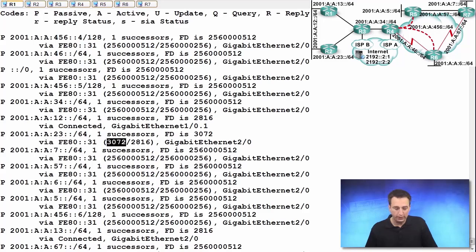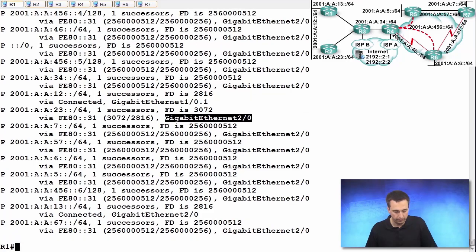There's the feasible distance of that particular route, the reported distance of that particular route. So this is what R3 is telling us, how far they are away from that particular network. And then we add to that our metric to get to R3 to come up with this value here, and the interface that we use to reach the network.